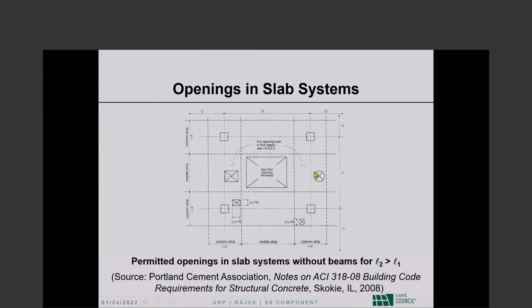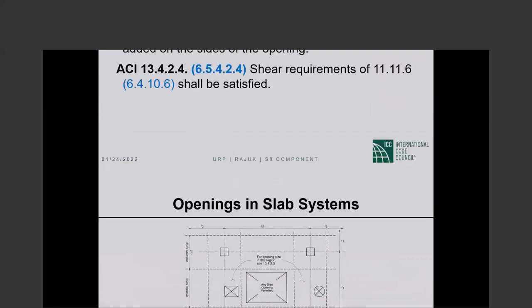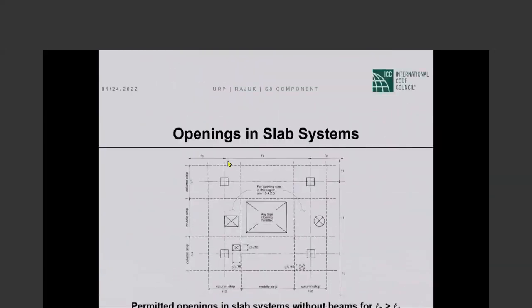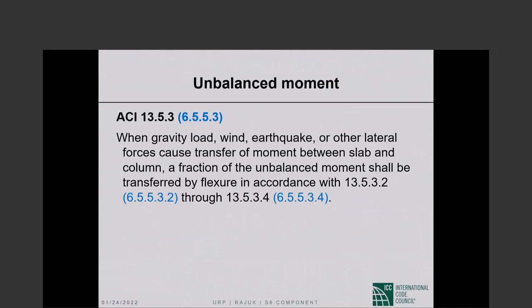If it is in an intersection between a column strip and a middle strip, then there are restrictions, although the language says not more than 1/4 of the reinforcement in either strip shall be interrupted by the openings. So anyway, the openings are provided for pretty explicitly.